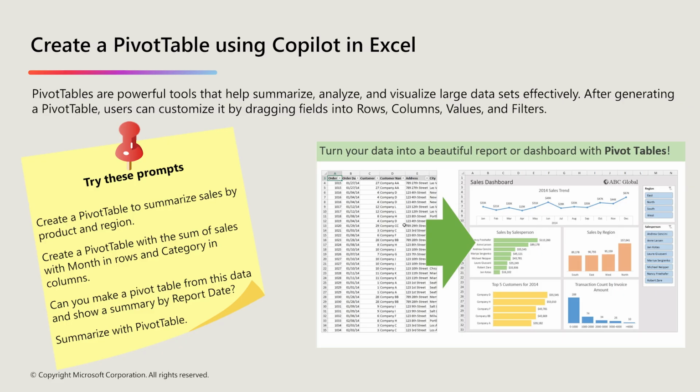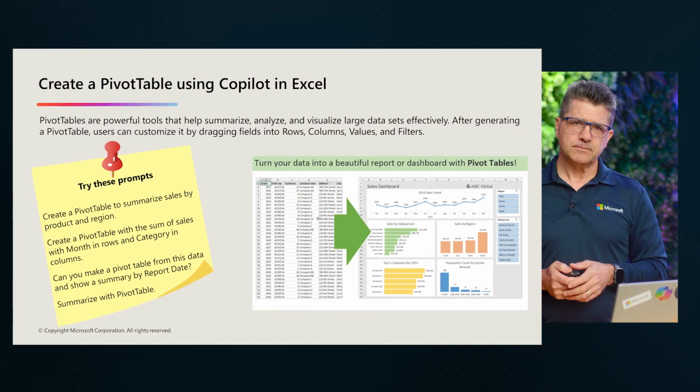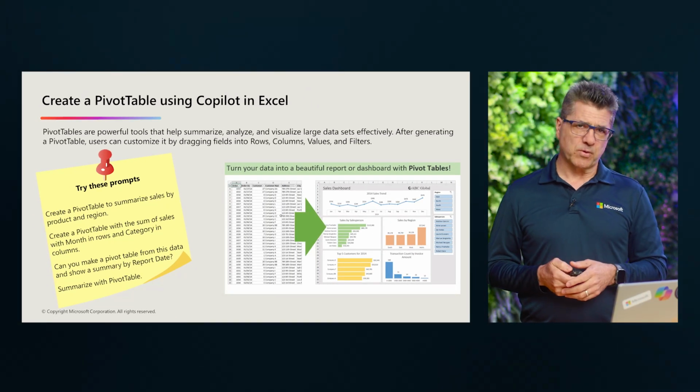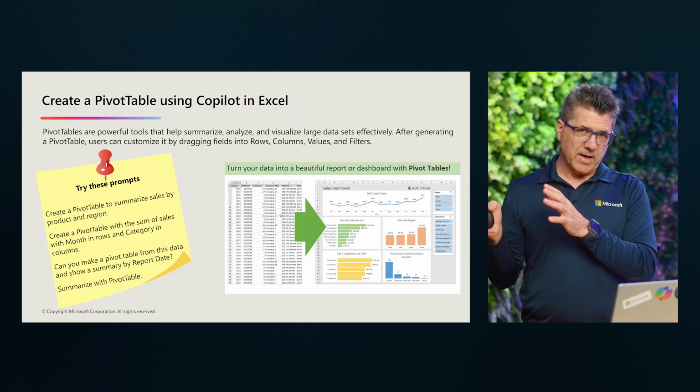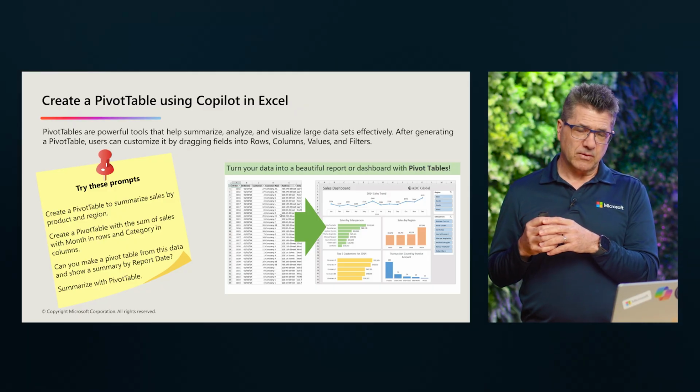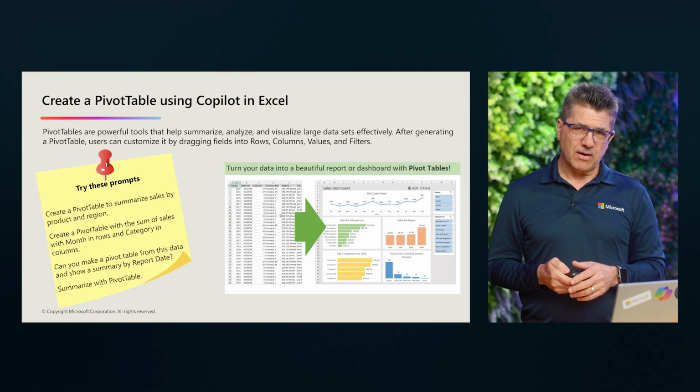Very similar to what we do today, but much easier because now, instead of having to go create the formulas and try to figure it out, you just have a conversation with Copilot, your personal assistant, to help you do that. And you can try a lot of these prompts. As I mentioned before, we are going to mention later the prompt gallery, where we have a large number of these example prompts that we can try.